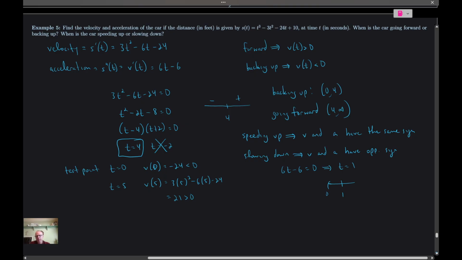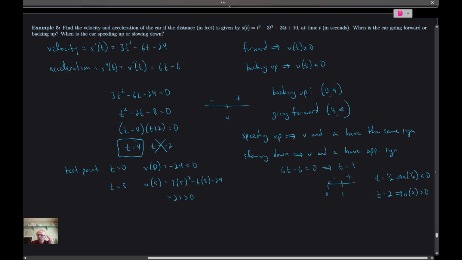If you pick t equals 1/2, that means that a of 1/2 is going to be negative. And if you pick a number that is greater than 1, so plug in 2, 6t minus 6, that's going to be positive. So a of 2 is going to be positive.